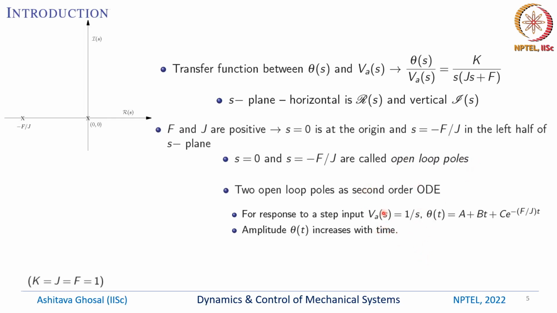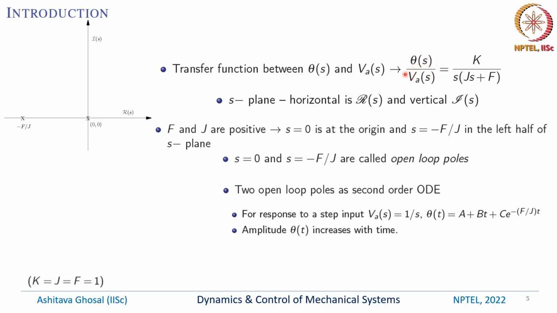A step input is given in this form. So Va of s is 1 over s. A step input means for t less than or equal to 0 it is 0, and for t greater than 0 it is 1. And the Laplace transform of such a function in time domain is 1 over s.